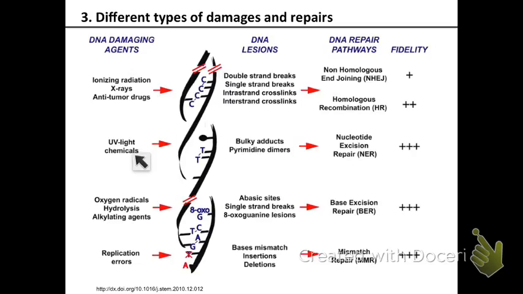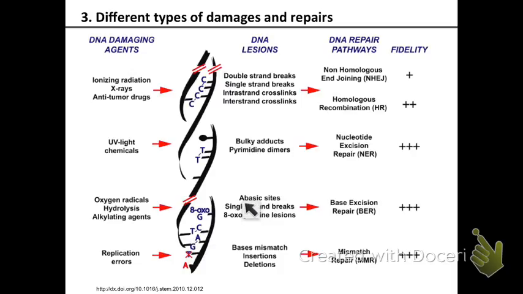UV light and some chemicals can cause the addition of bulky adducts. That means addition of extra molecules to the bases in the DNA. And the formation of pyrimidine dimers, these are crosslinks between the T's. These are repaired by nucleotide excision repair. The other types of damaging agents, such as oxygen radicals, hydrolysis, and alkylating agents, can change the chemical structure of the bases.